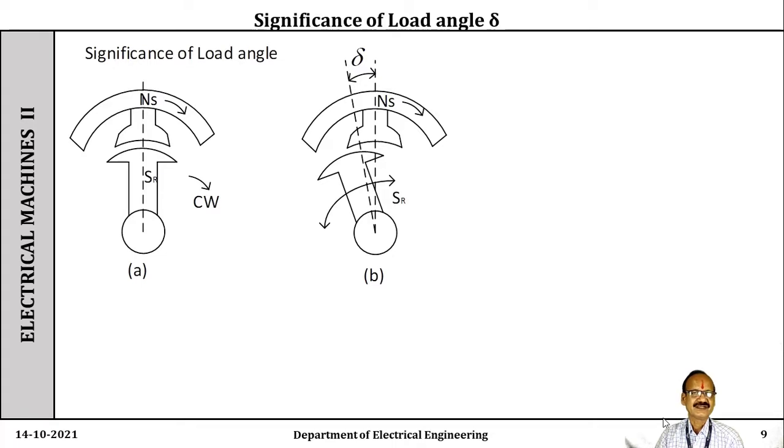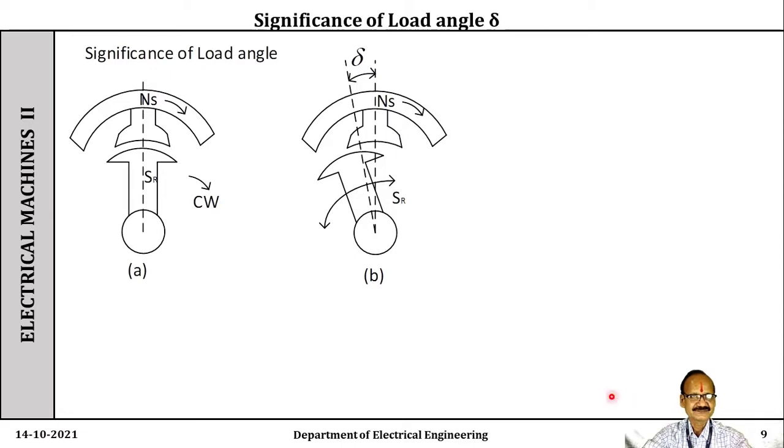Now, in this video lecture, we are going to learn the significance of load angle delta, the various cases: motor at no load and supplying no losses, motor on no load but supplying the losses, and motor on load. Then its equivalent circuit diagram, its phasor diagram, the current drawn and their equations, the power flow diagram, and its power equation. Okay, now let us start.